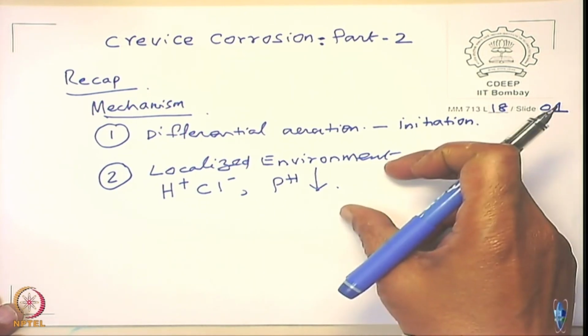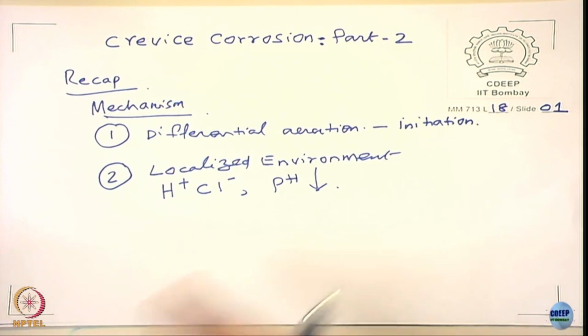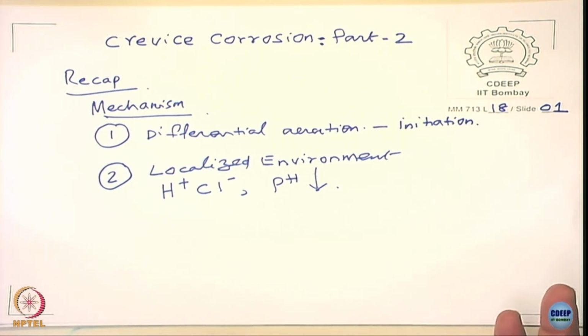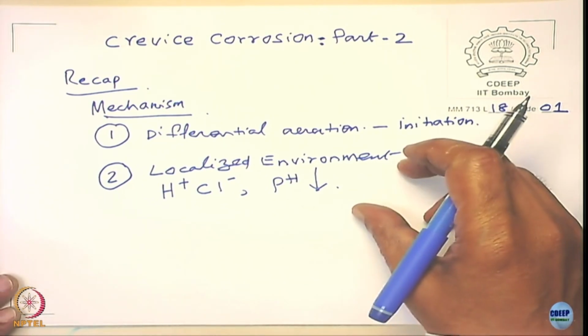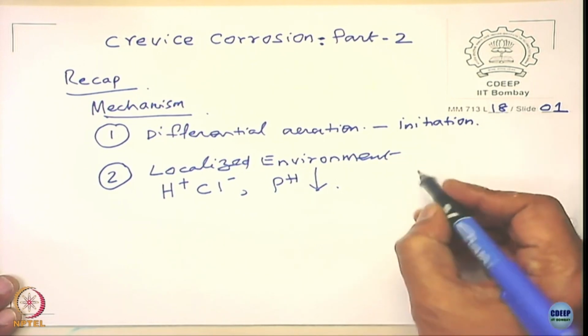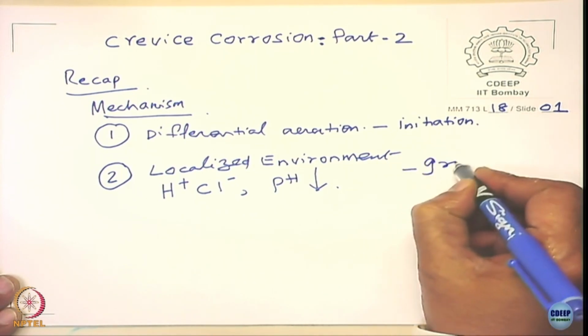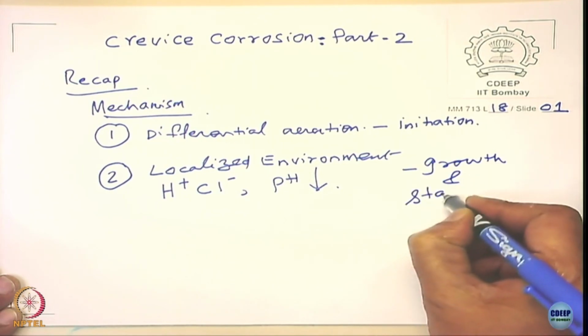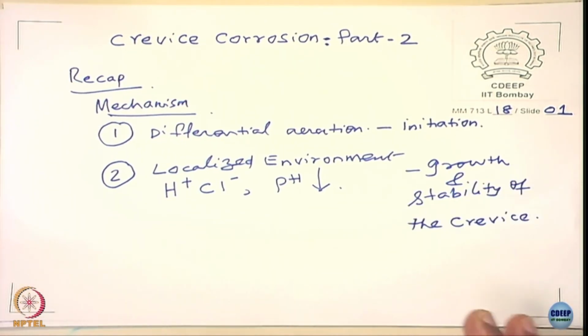It establishes a localized environment different from the external surfaces, because external surfaces are open, there is convection, and the pH is not going to drop at all. So the localized environment is the reason for this. This leads to growth and stability of the crevice. So we have seen these factors.